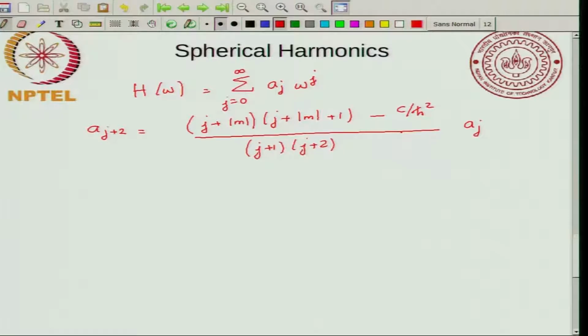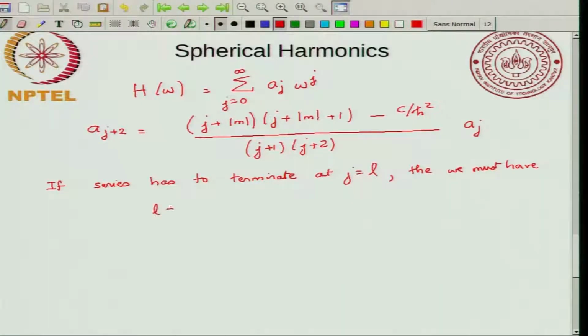Now what we said is that if this series has to terminate at j equal to L, then this numerator when j equal to L should go to 0.